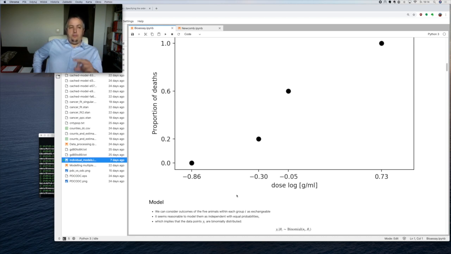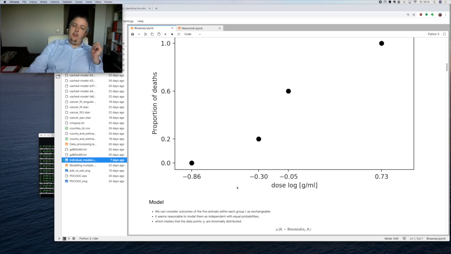Of course, we cannot replace mice between groups because they're given different doses. So it can be reasonable to assume that in one experiment the probability of death for each of the mice was constant. Depending on the dosage, of course, but the dosage was fixed. So in one experiment, in one batch of mice, the probability was constant and equal for each of those.